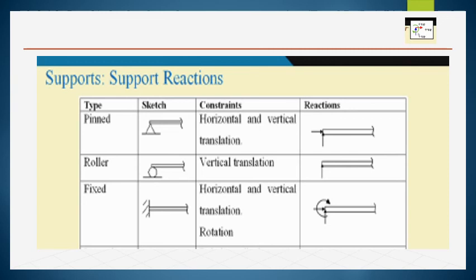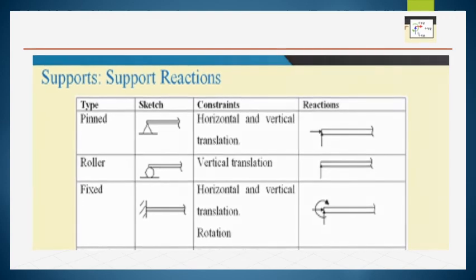If the support is given in the horizontal direction, then the reaction would be in the horizontal direction. Then it restricts the horizontal motion, but it can move along the y-axis. And there is the fixed support. It offers resistance to all kinds of motion, both linear motion as well as rotation. There is no free linear motion, no free rotation. So when you remove the support, you have to show all three: horizontal reaction, vertical reaction, and the moment. Okay.